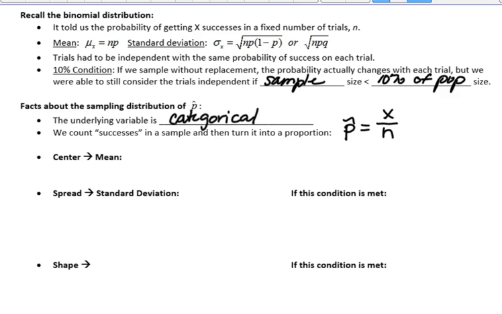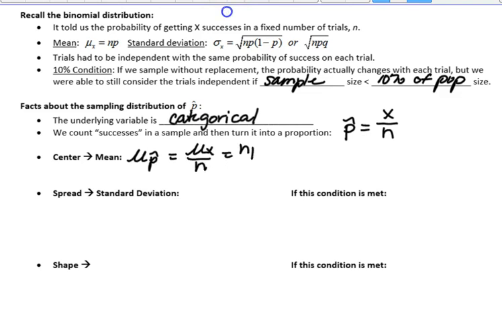Recall that a proportion is the only statistic that we can measure with categorical variables: what percent of the time something happens. So if we look at the relationship between the binomial distribution, which is a distribution of x, and the distribution of p hat, all we're doing is dividing everything by n. So the mean, mu of p hat, is just the mean of x divided by n.